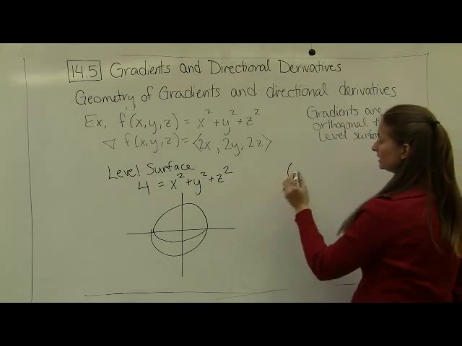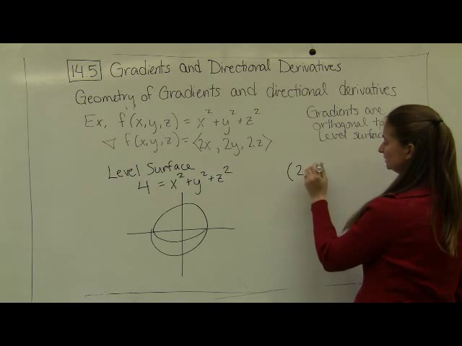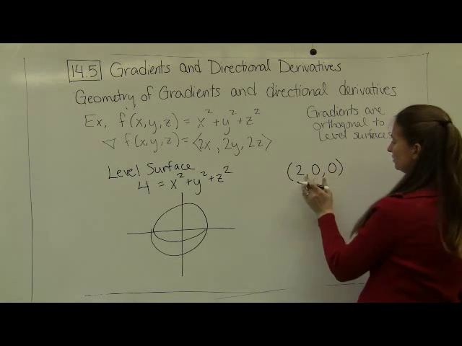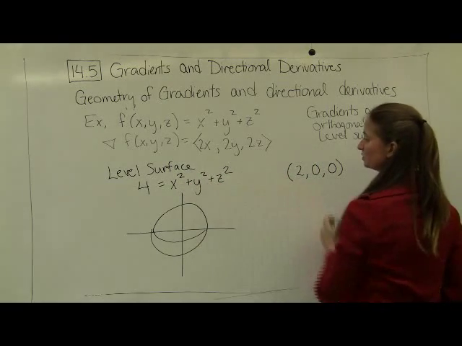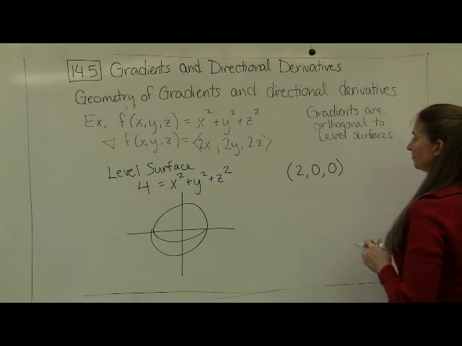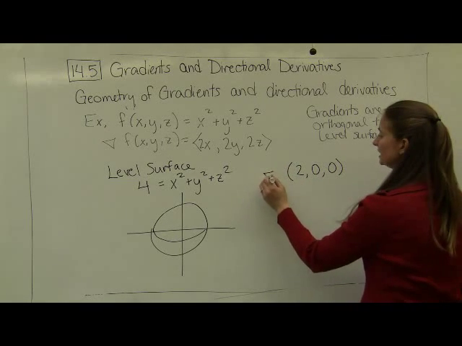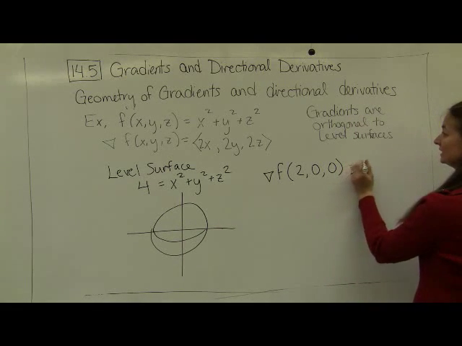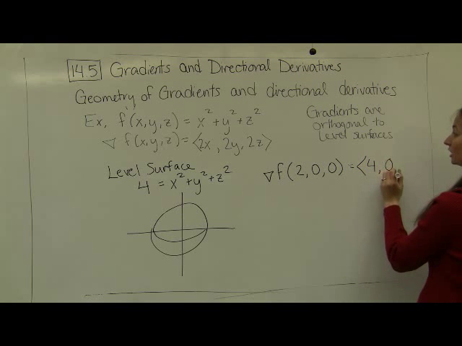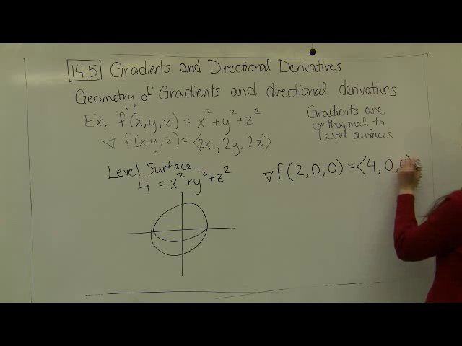I know that the point 2, 0, 0 lives on this surface because when I plug it in, it satisfies the equation x squared plus y squared plus z squared equals 4. So now when I'm looking at the gradient of f evaluated at a point that actually is on this surface, that's going to give me the gradient vector 4, 0, 0.